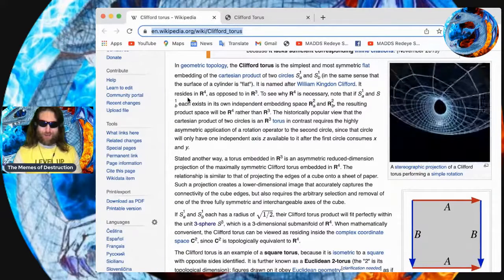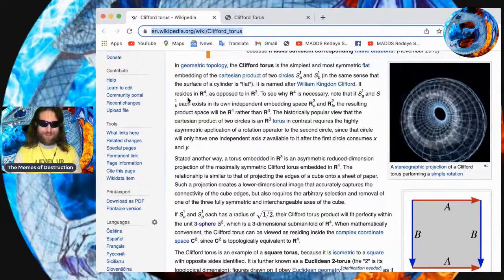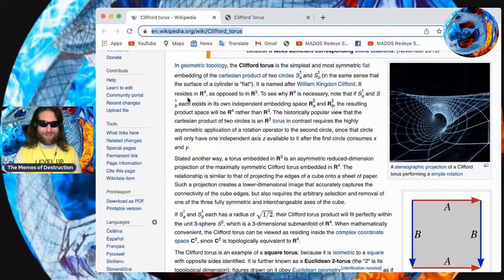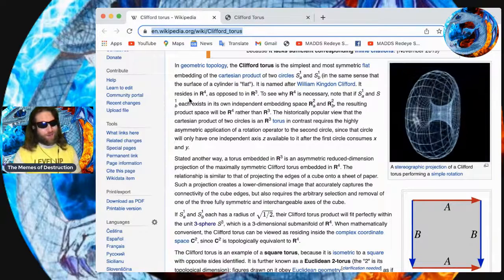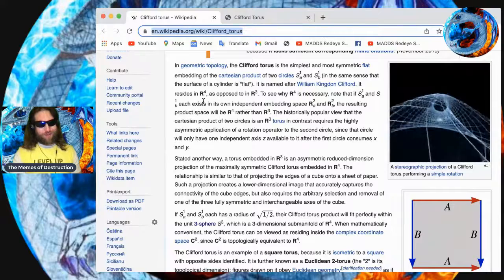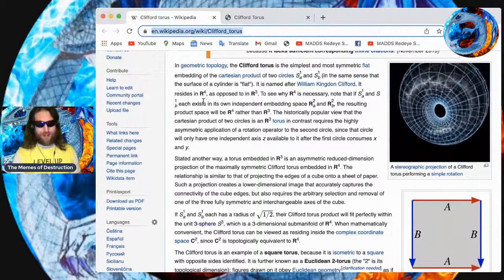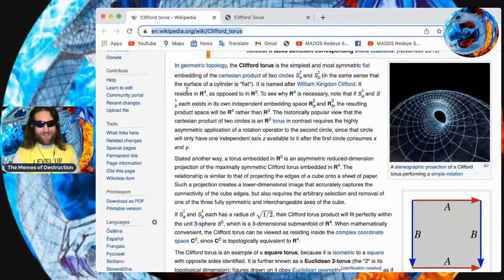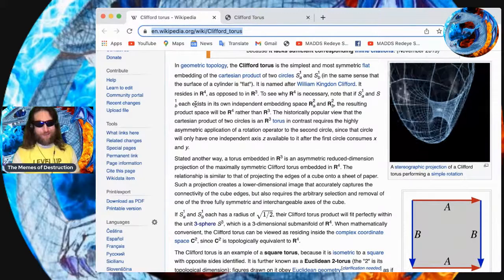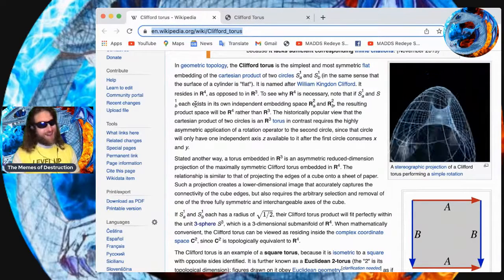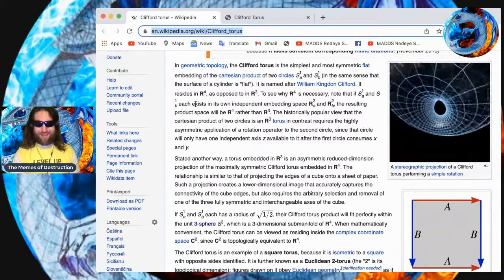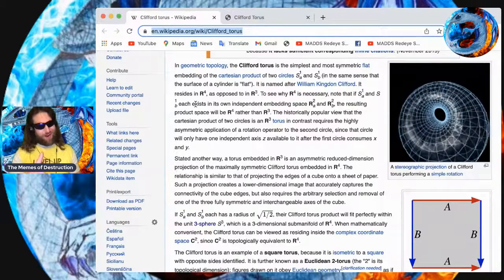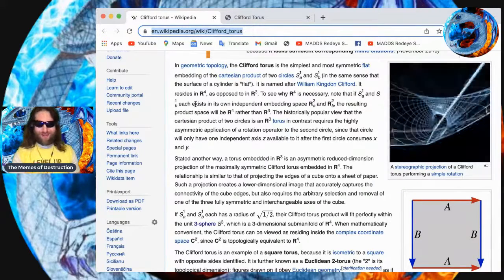We very often look for a four-dimensional hypersphere within physics. Oh, very interesting, as opposed to an R3. To see why R4 is necessary, note that S1A and S1B each exist in its own independent embedding space, R2A and R2B, so the resulting product space will be R4 rather than R3.